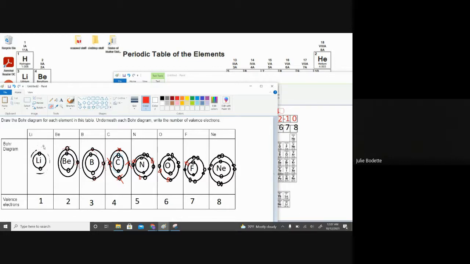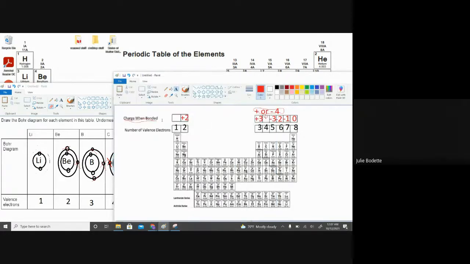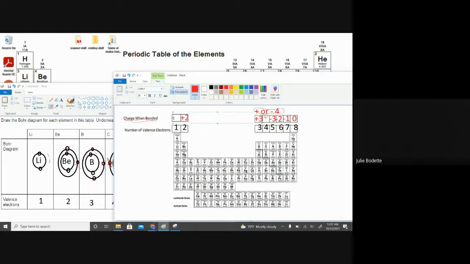And the next shell in becomes its outer shell, right? So then lithium would now have a full outer shell, so it would be happy. So lithium will lose 1, right? Lose 1. Well, if you lose 1 electron, losing a negative electron means you have a positive charge. So it has a charge of plus 1.